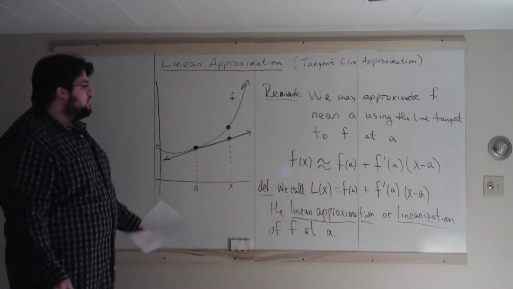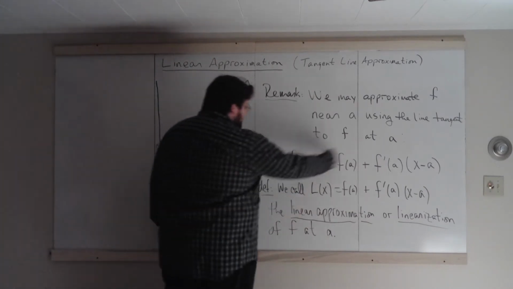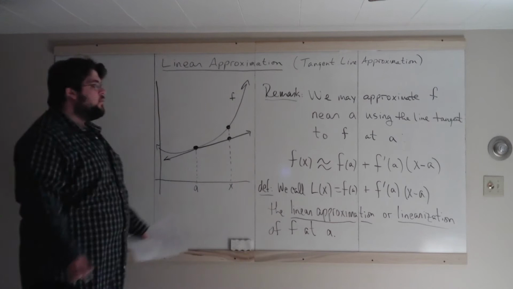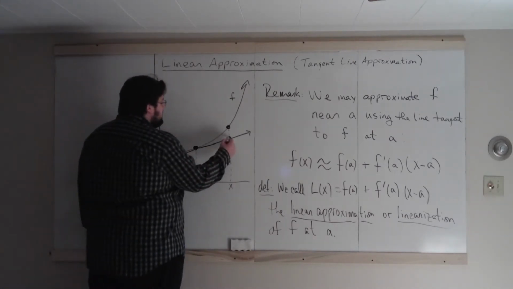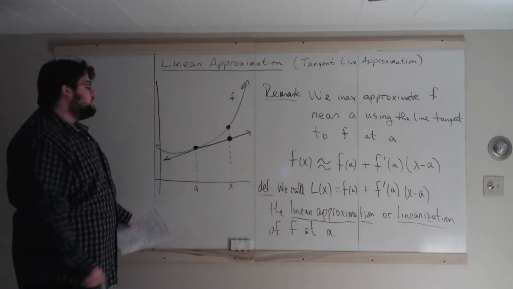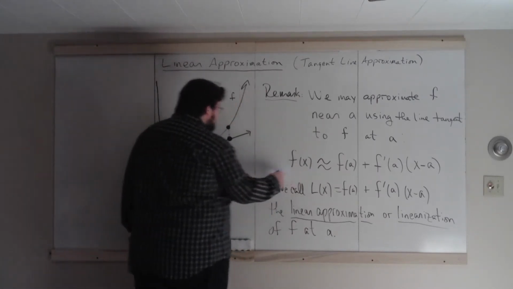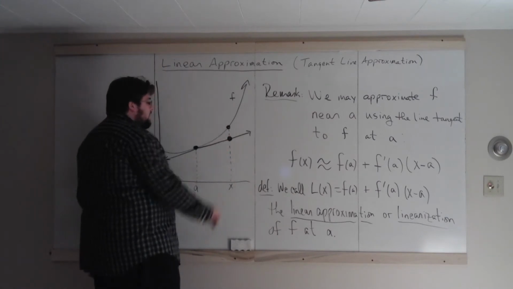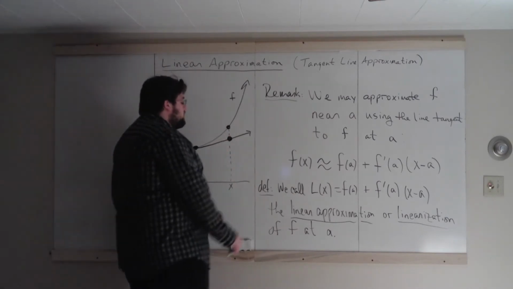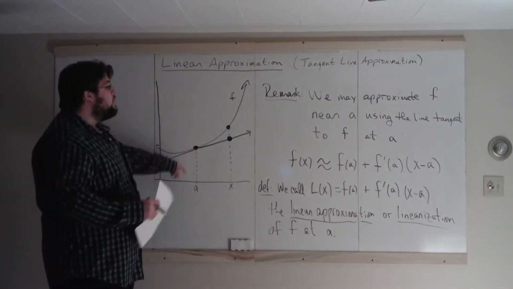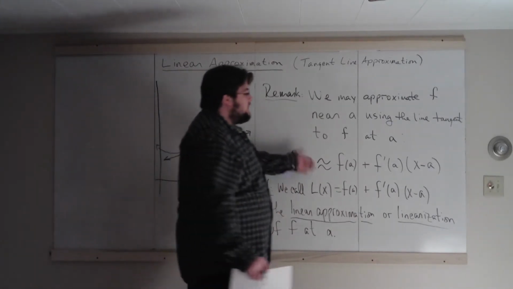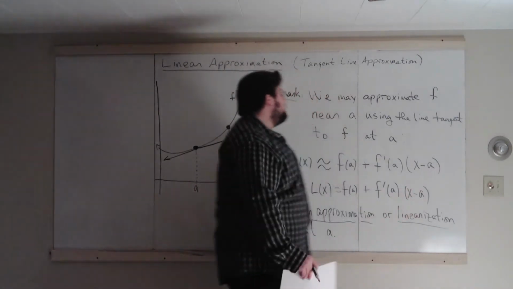And if this were equal, then that would just be an equation for the tangent line. But remember, we're using that to give this approximation point at X. So right here, this f of X is actually this y value. And this equation says that this y value is approximately equal to f of A, so this y value, plus the derivative times a change in x.